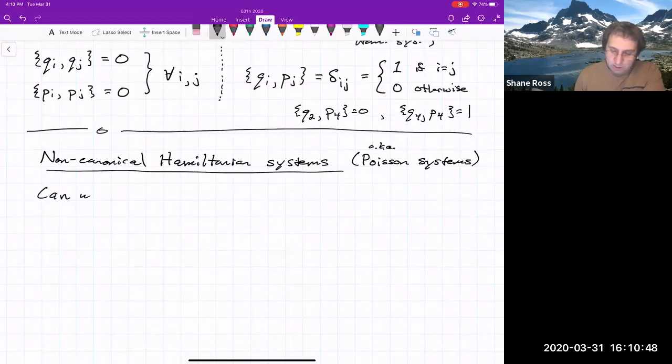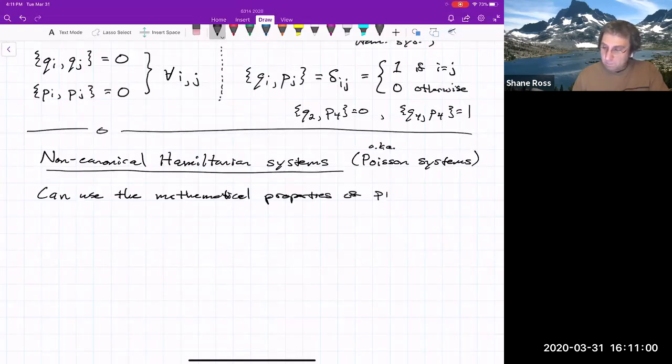So we can use those mathematical properties of the Poisson bracket to generalize to non-canonical Hamiltonian systems.